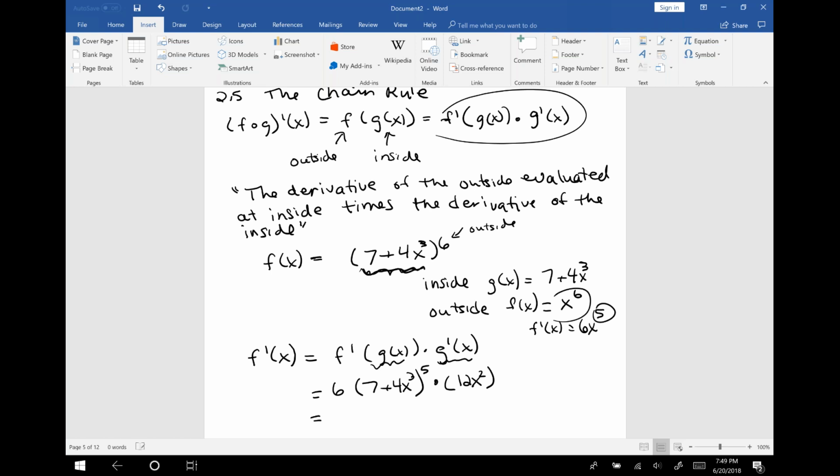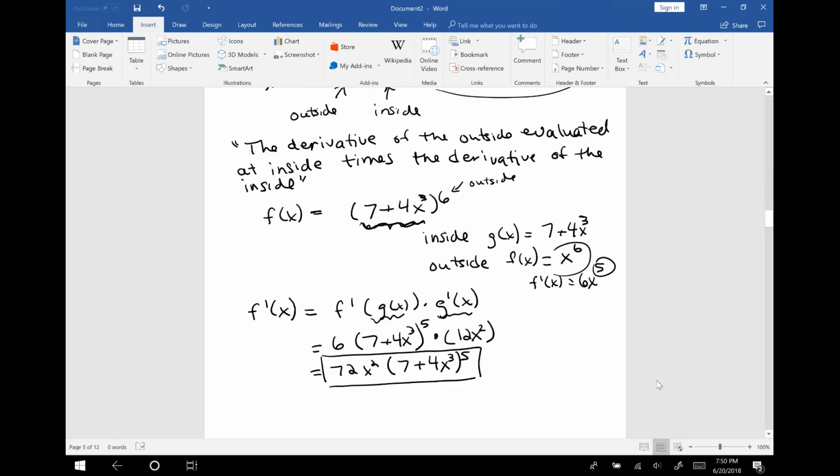So then just simplifying this a little bit, we have 6 times 12x squared, and that's 72x squared times this 7 plus 4x cubed to the 5th power. And don't try and do anything else. You can't distribute that 72x squared, and you certainly don't want to simplify 7 plus 4x cubed to the 5th power. So that's going to be your answer.